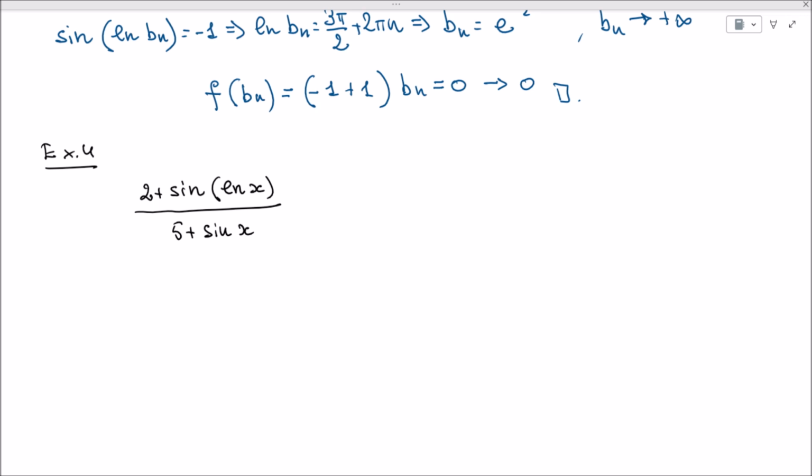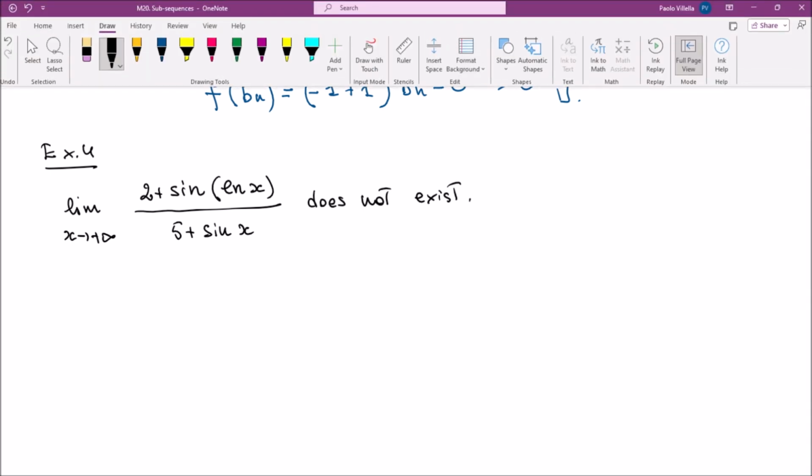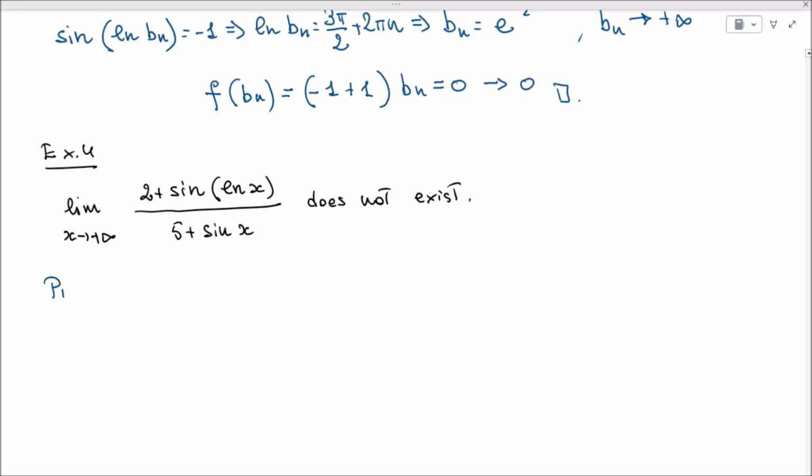So another function that contains the sine and the logarithm, and we want to prove now that the limit as x goes to plus infinity does not exist. So once again we will make use of the theorem, and we would like to find two sequences with different limits that will take the function to a different limit.